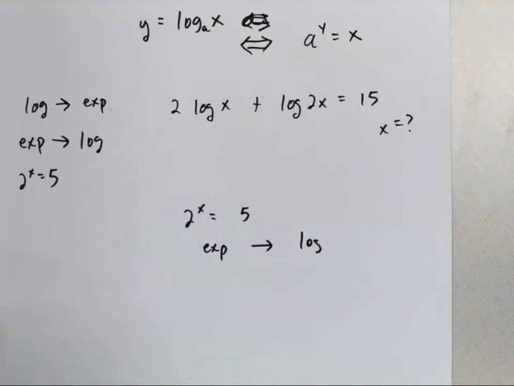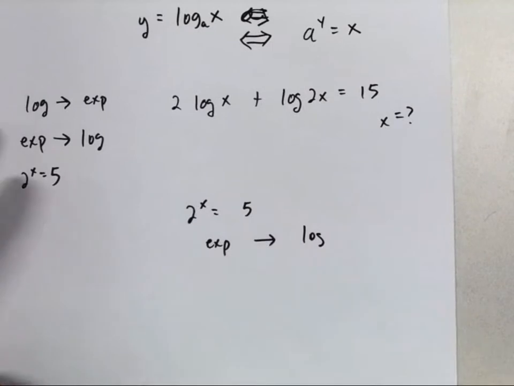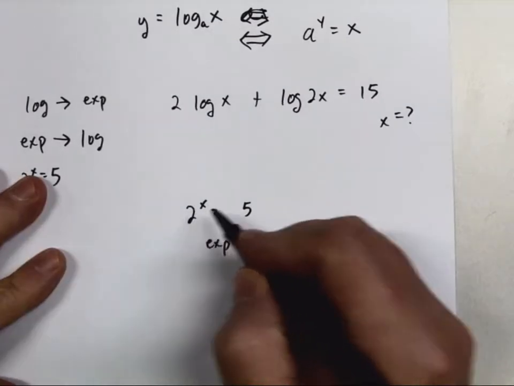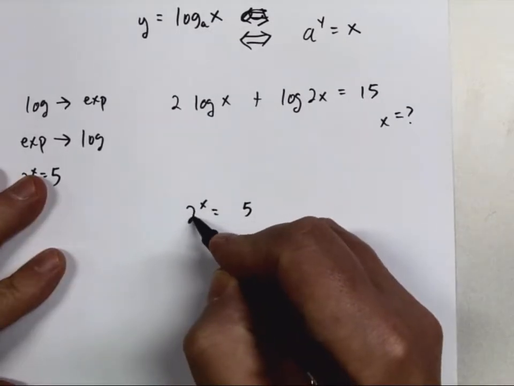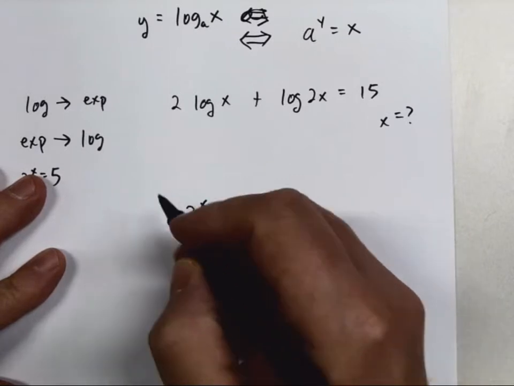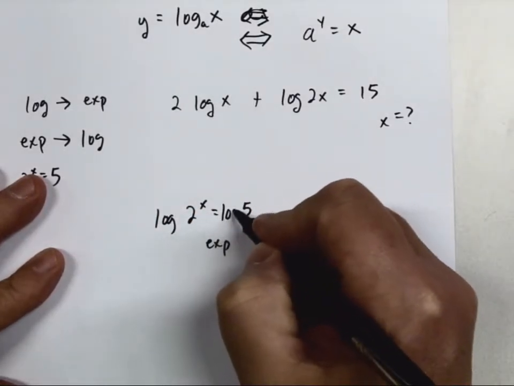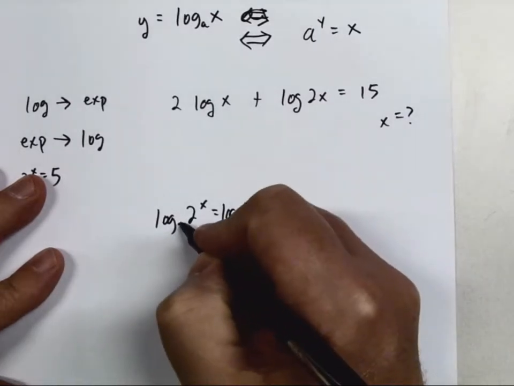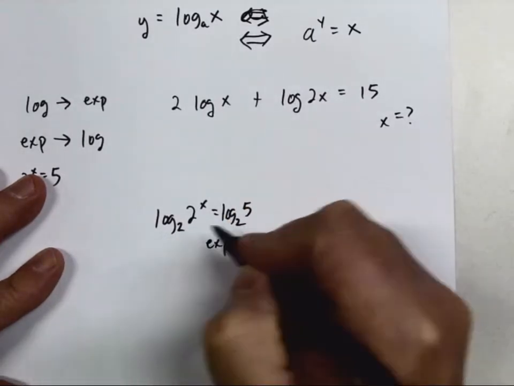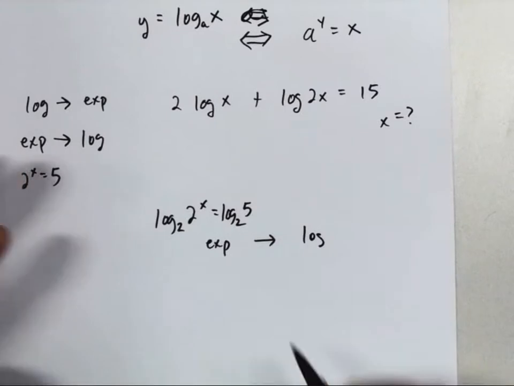What I'm going to do is take the log of both sides of this equation. Now here is the key point. I'm going to take the log, but in this case, because my base is 2, when I take the log of both sides of the equation, I want to make the base of my log the same as the base of my exponent.